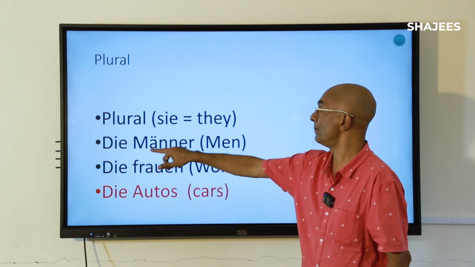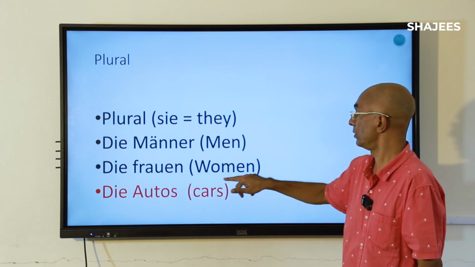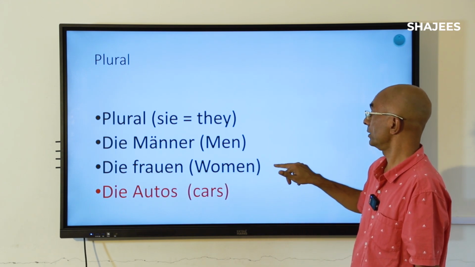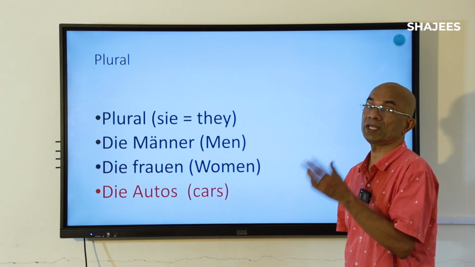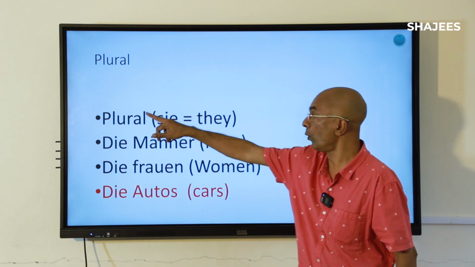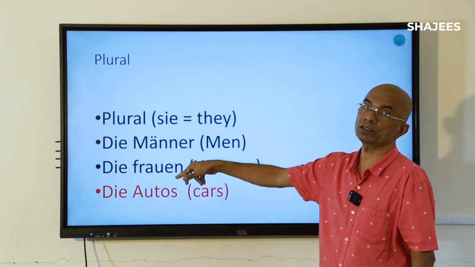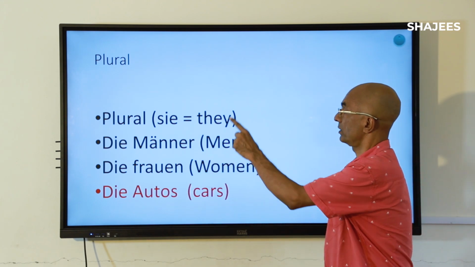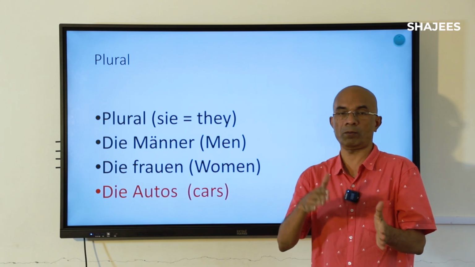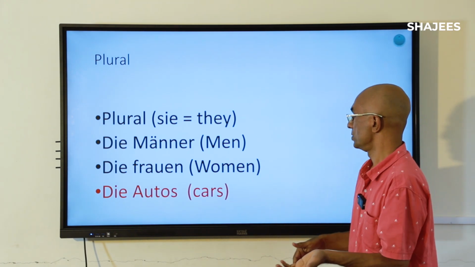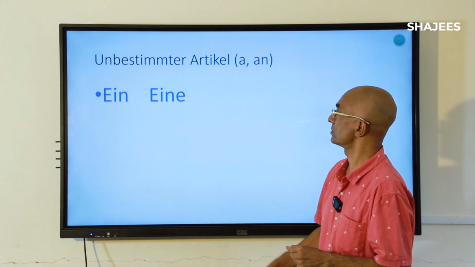Die Männer, men. Die Frauen, women. Then die Autos, the cars. Here all are die, but the gender will be changing. The article is the same, but according to the situation we have to understand it as feminine, masculine or neutral. So that is die Männer, die Frauen, die Autos.